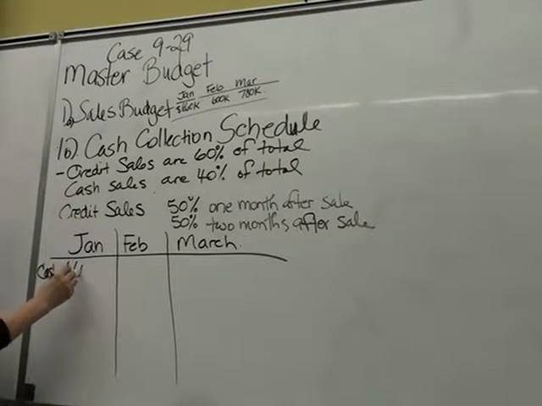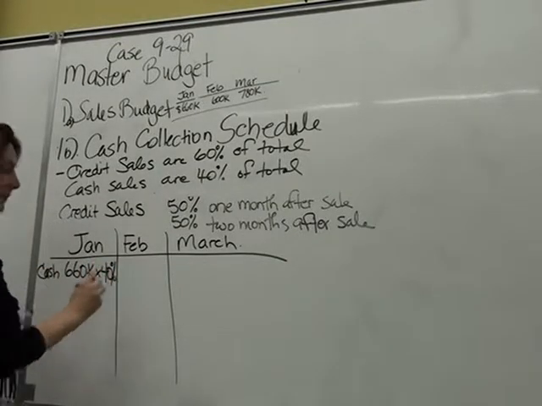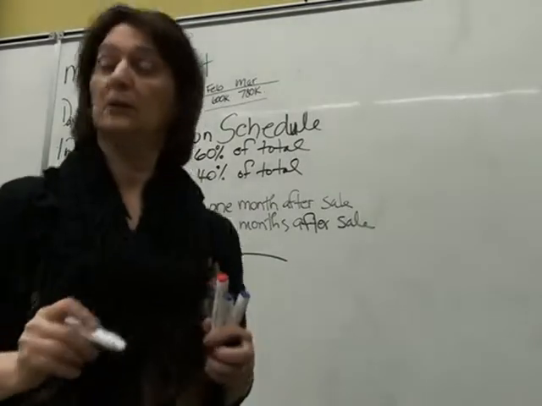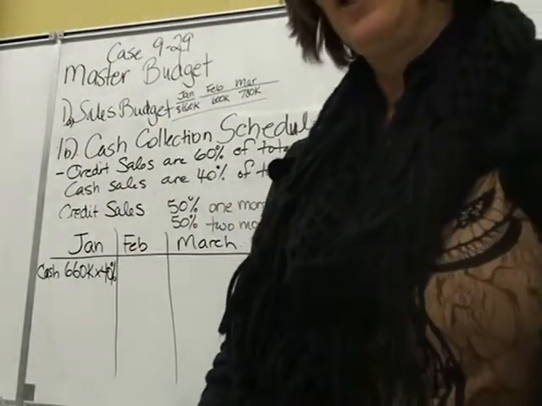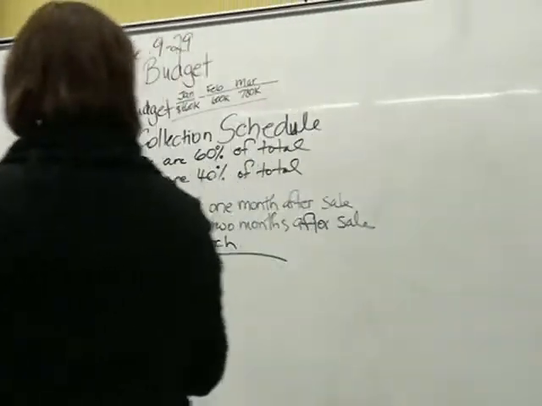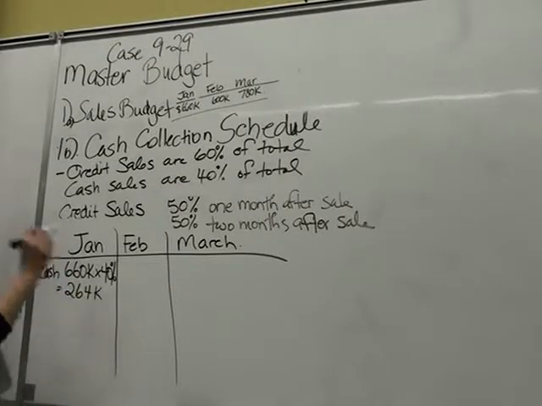660K times 40%, correct. 264K? I agree. So that will be 264K. Okay.